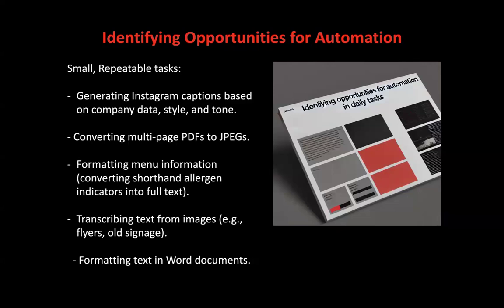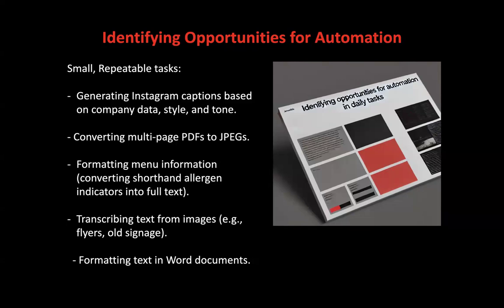I know this seems kind of simple. You can go to Acrobat, but for my budget reconciliation, I give in PDFs and I'd like them to be a single JPEG. I just drag and drop 10 in, and it quickly converts multi-page PDFs into a single JPEG. I often make menus for signage. I can just write, let's see, GF for gluten-free or VG for vegan, right?